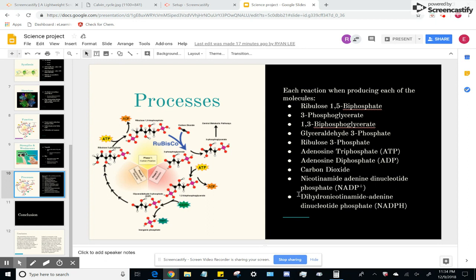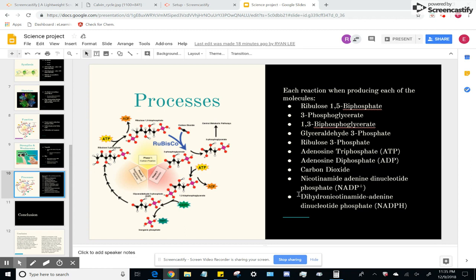The third step, reduction, involves NADPH2 molecules releasing their hydrogen atoms to become NADP, thus turning diphosphoglyceric acid molecules into glutaraldehyde phosphate, or GALP for short.